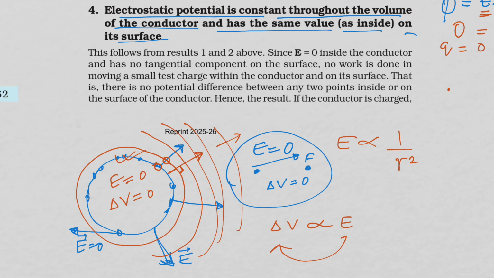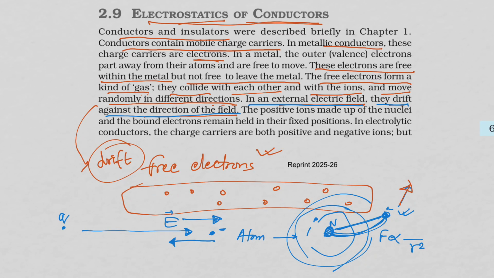That's it. And also, to make it very clear, when we say that the metallic conductor is charged, we don't only mean that because there are free electrons it will only be negatively charged. It can be positively charged as well, because there are ions inside metals.